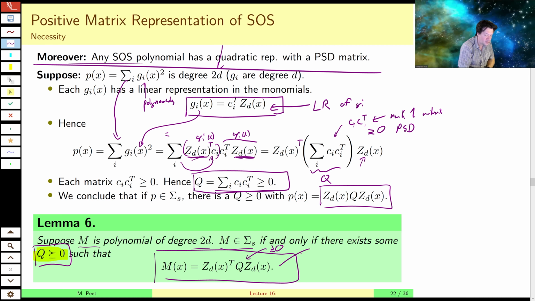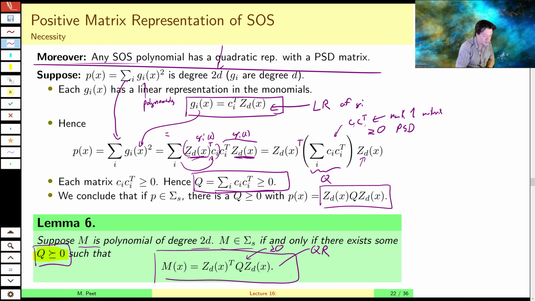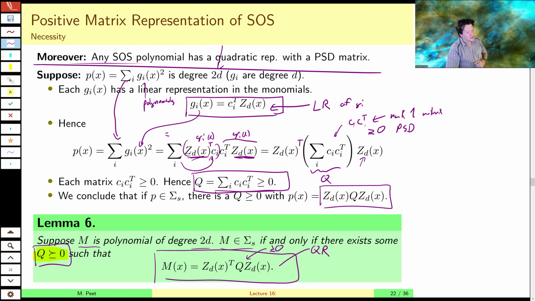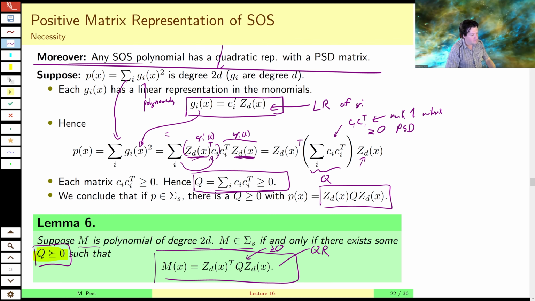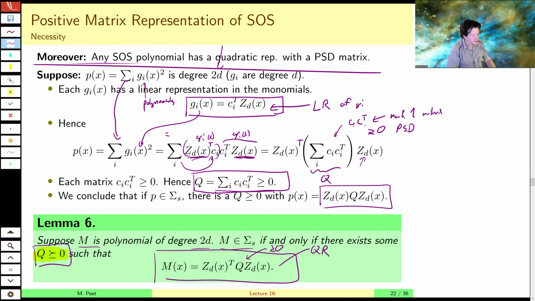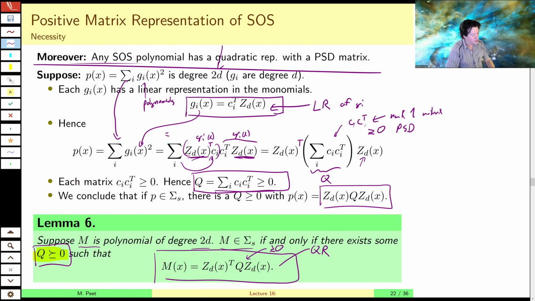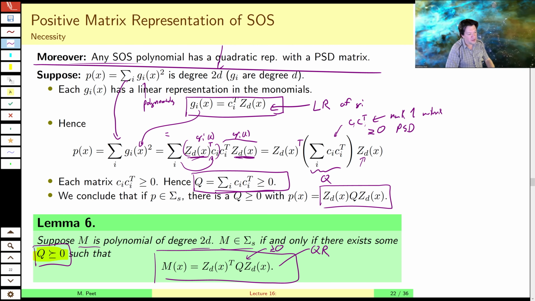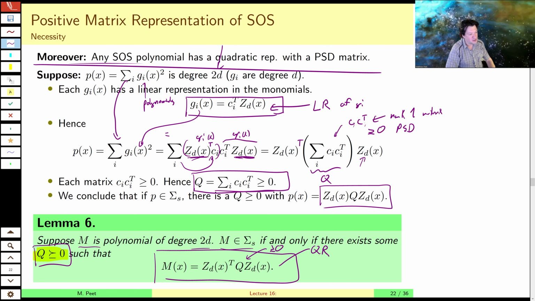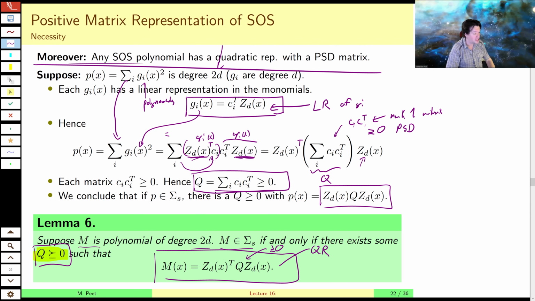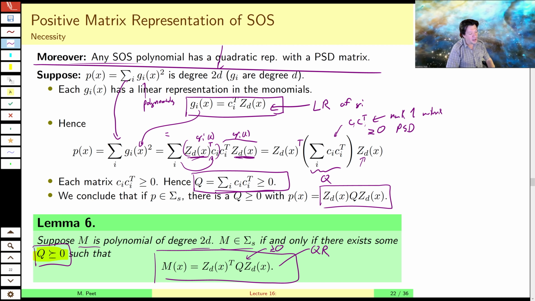And this whole thing is a quadratic representation. So that takes us to the point where we have a necessary and sufficient condition for sum-of-squaresness of a polynomial, which is a sufficient condition for positivity of the polynomial.